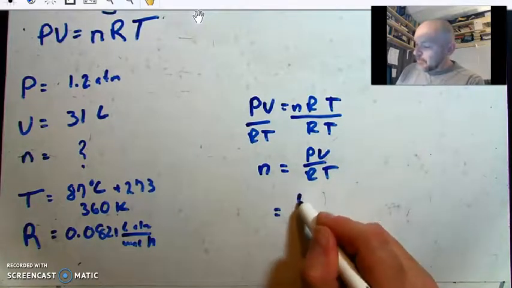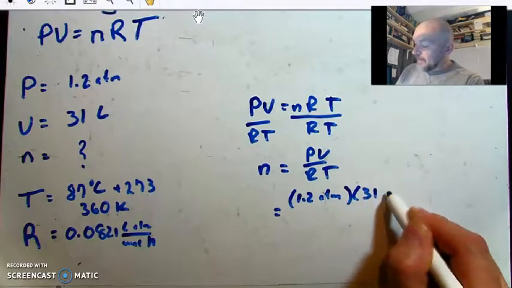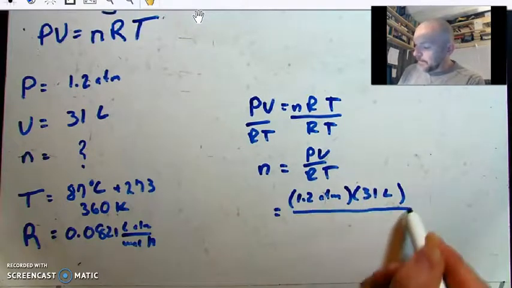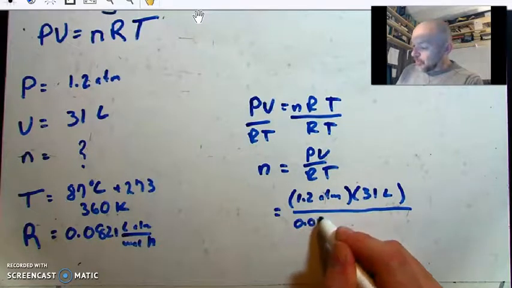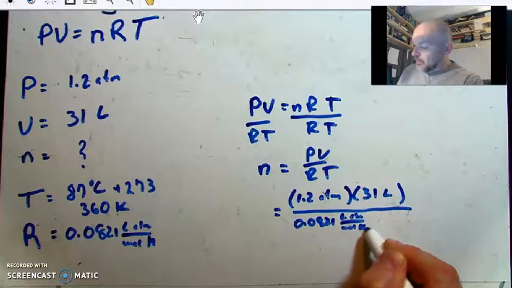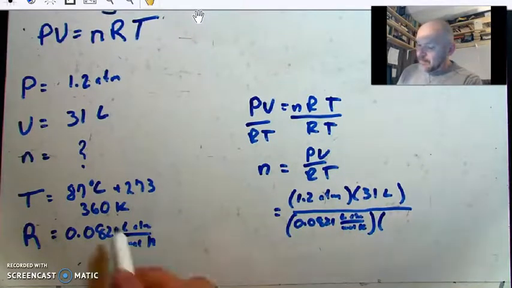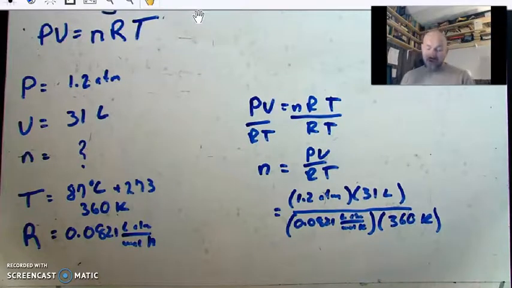Plugging my values in, 1.2 atmospheres times 31 liters, all over my R, 0.0821 liter atmospheres per mole Kelvin. My temperature is 360 Kelvin, making sure that's in Kelvin, and then I can plug in my calculator.